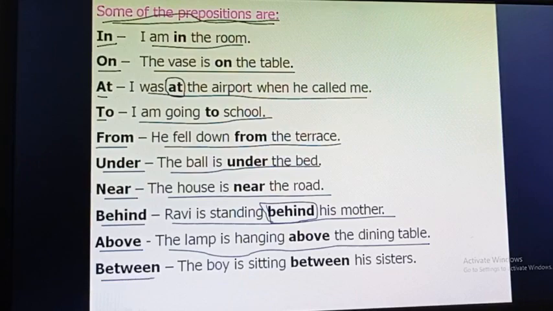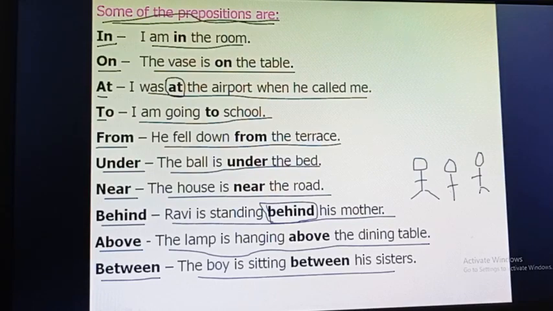Next, between. The boy is sitting between his sisters. Between means in between. Like here is one, here another, and here one more, for example.